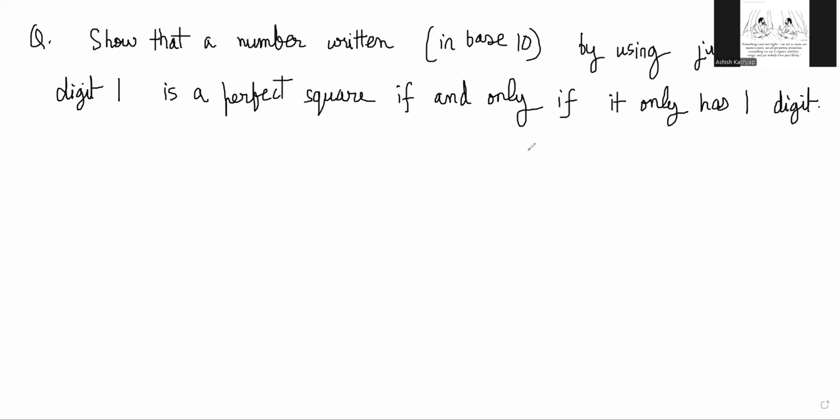Basically, we have to say that only 1 is a perfect square. Any other number with just ones, 1 1 1 1 1, it can never be a perfect square, right? Yes. So this is something that you have to try to prove.